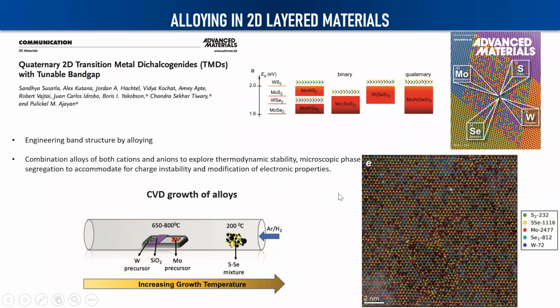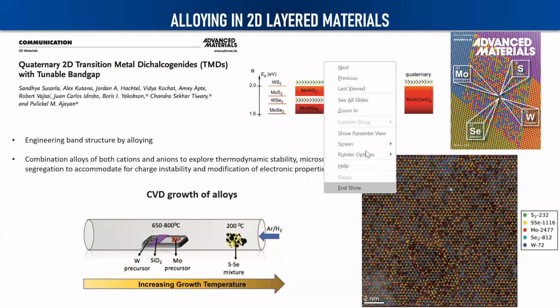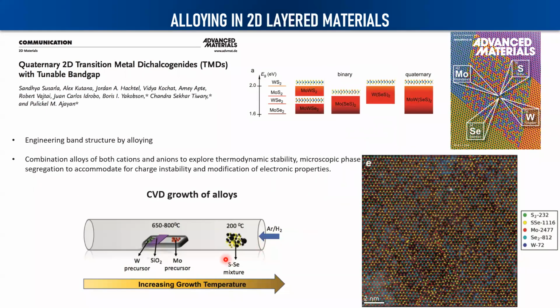And the sulfur and selenium mixture is kept in the lower temperature zone, and during an argon hydrogen flow, as you vary the temperature between 650 and 800 degrees Celsius, you can see that there is a good 2D alloy formation of all the four elements here. Okay. So this was the beginning.